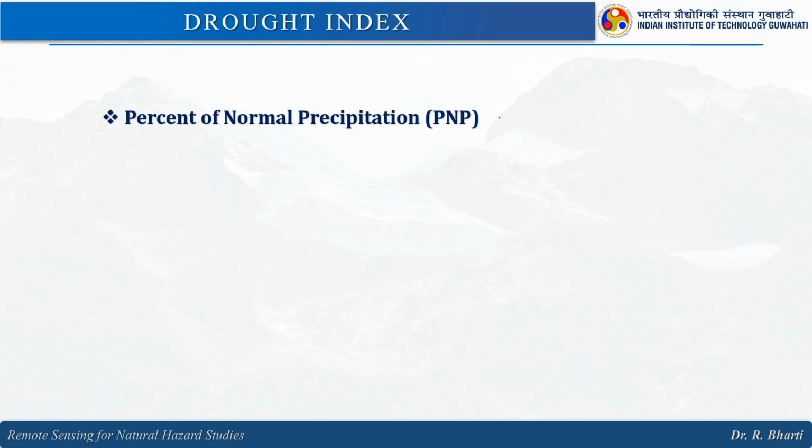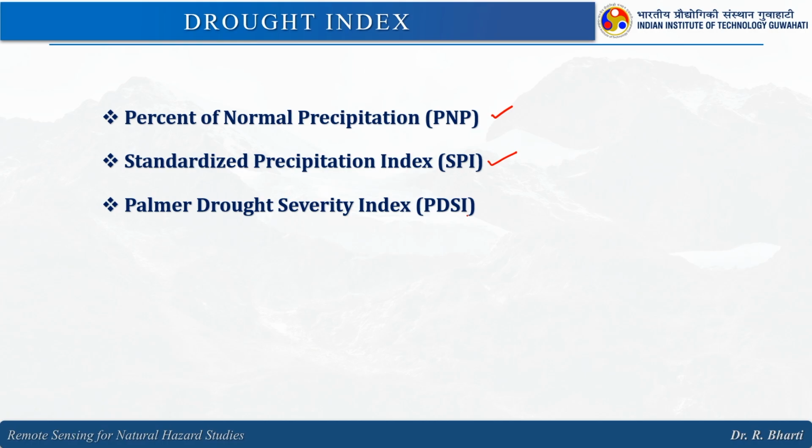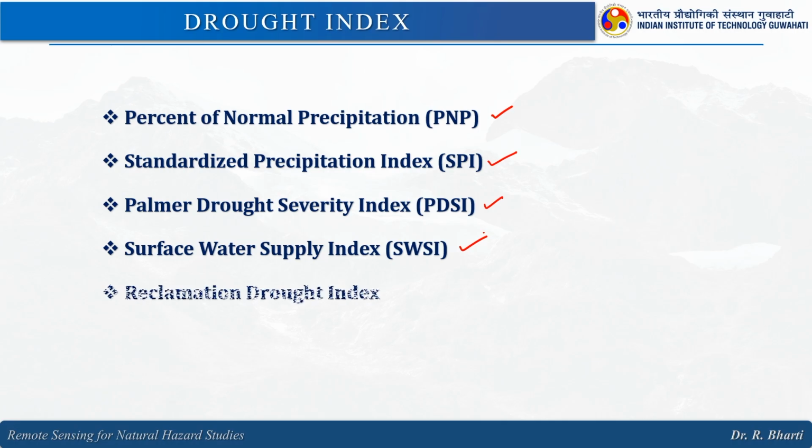So, there are different drought indices. First one is the Percent of Normal Precipitation, PNP. Then we have the Standardized Precipitation Index, we call it SPI. Then we have PDSI, the Palmer Drought Severity Index. Then we have the Surface Water Supply Index, SWSI.